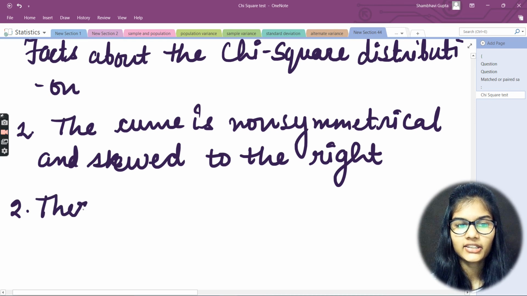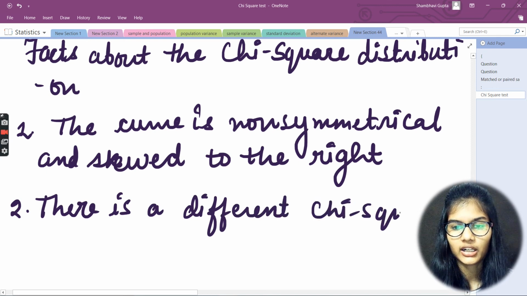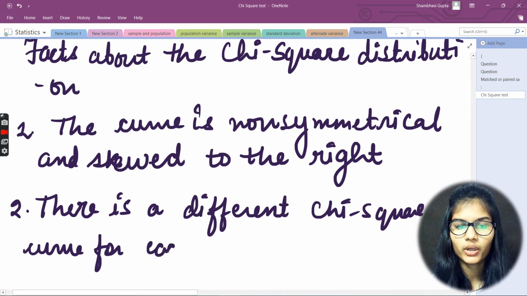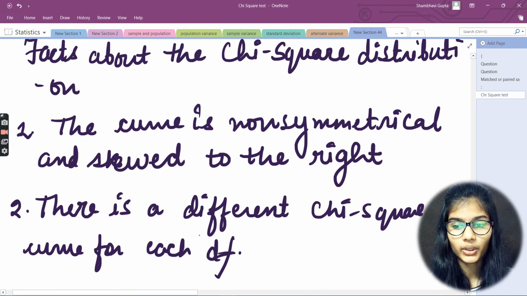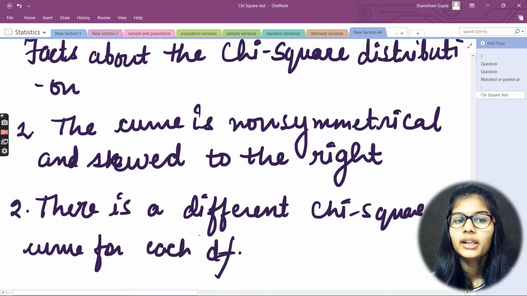Next, there is a different chi-square curve for each df, for whatever degrees of freedom you are having. For every one of them, we have a different curve, which we get from the relevant values and points.